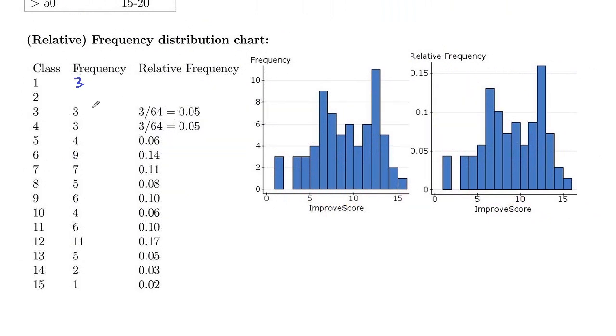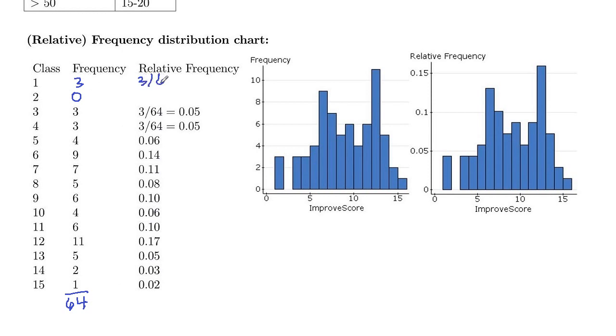And then we go up and count how many times does 2 occur in the data. And actually there are no 2s in that data. And then we keep going and so on. So there were 3 3s, 3 4s, 4 5s, 9 6s, all the way down to 1 15. So this is a total of 64 values, 64 data values, 64 observations. So to figure my relative frequency, I'll take my frequency and divide by 64.